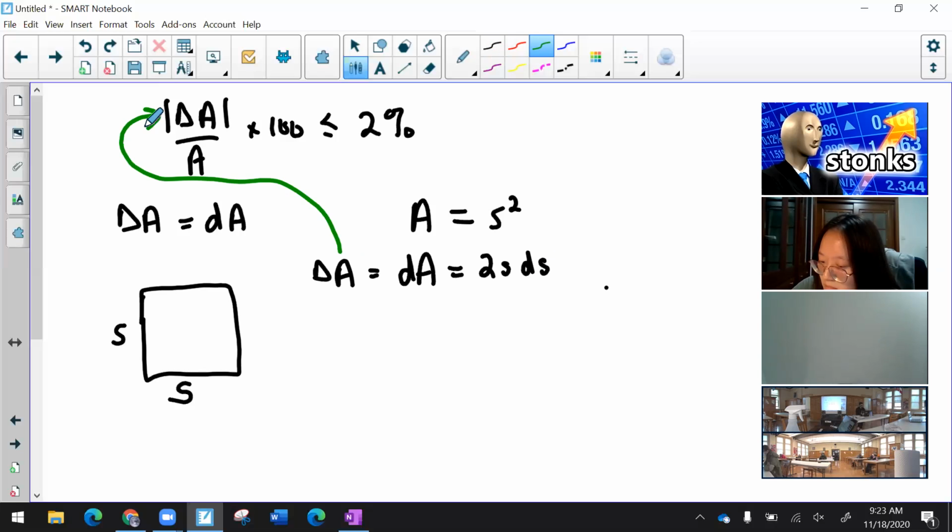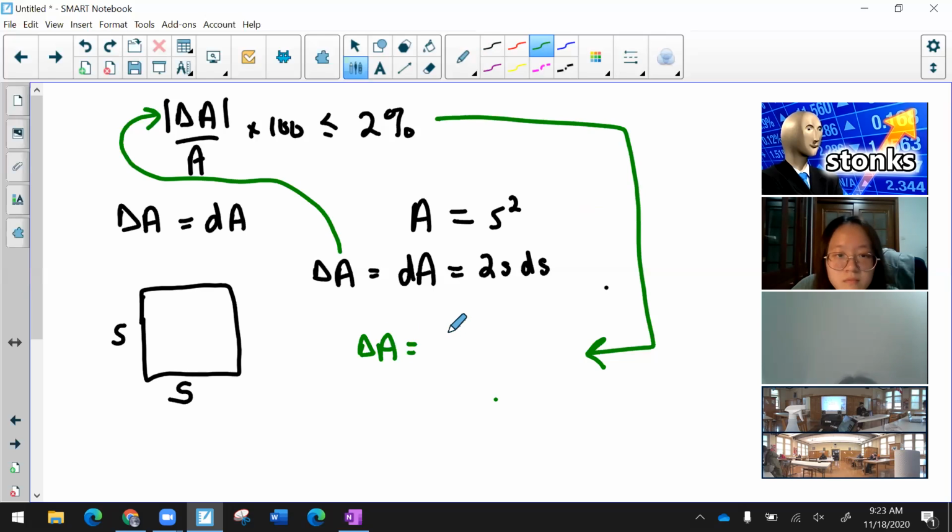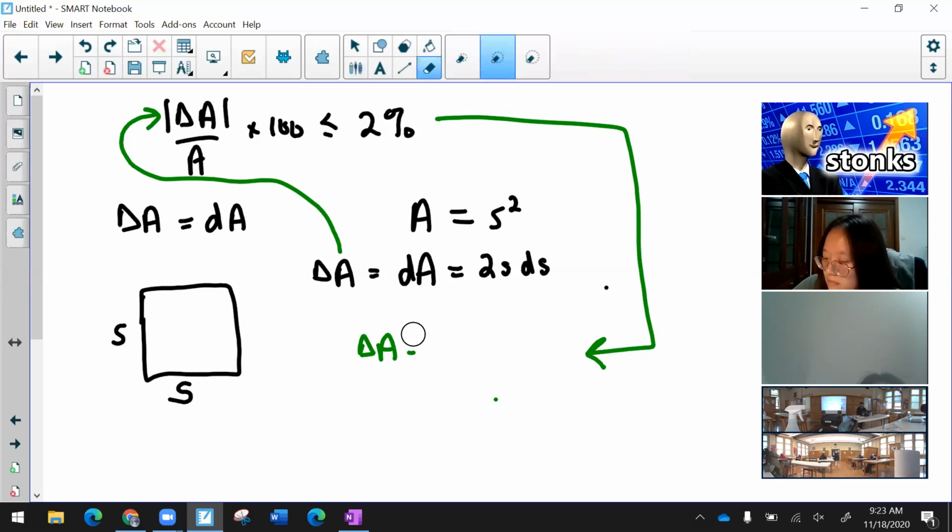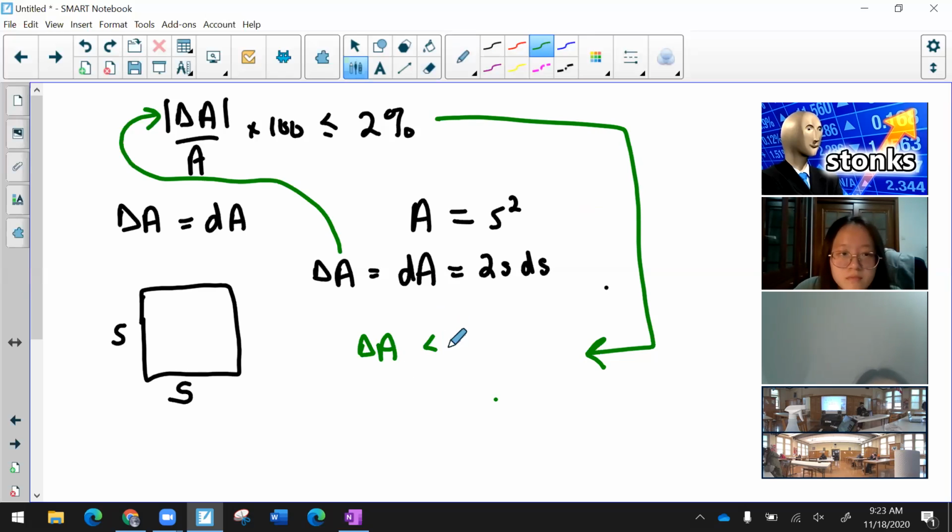And actually, I think what I'm going to do is rewrite it a little bit so that I can say that delta A is less than or equal to 2 times A divided by 100. I just took everything that wasn't a delta A and moved it to the other side.